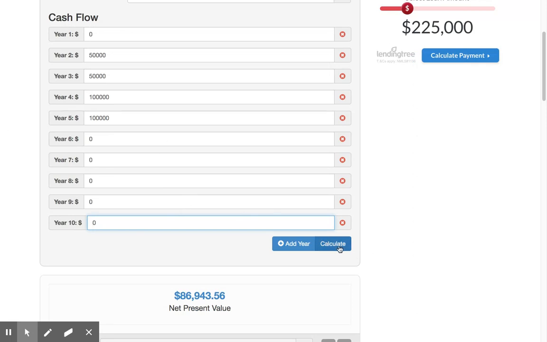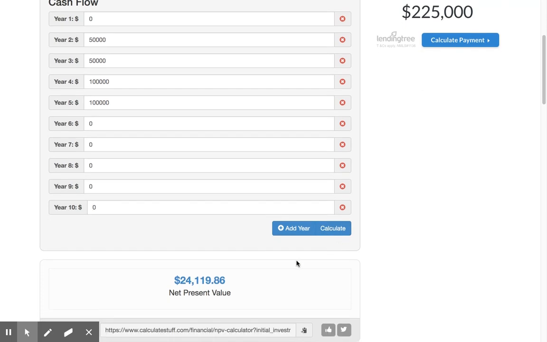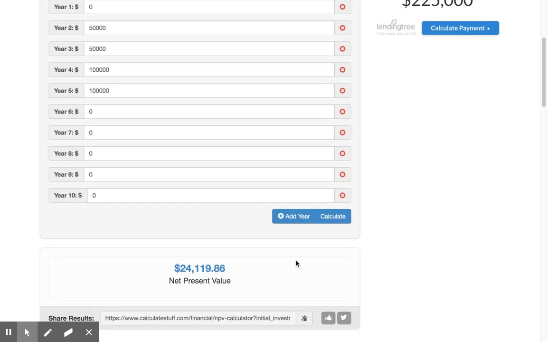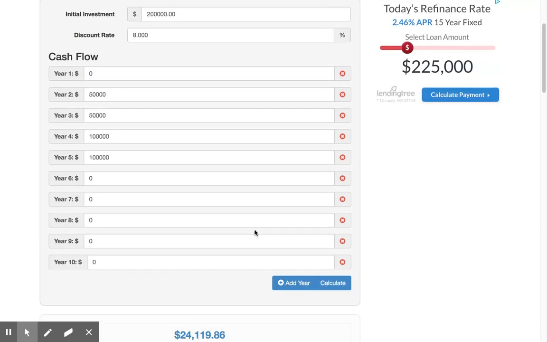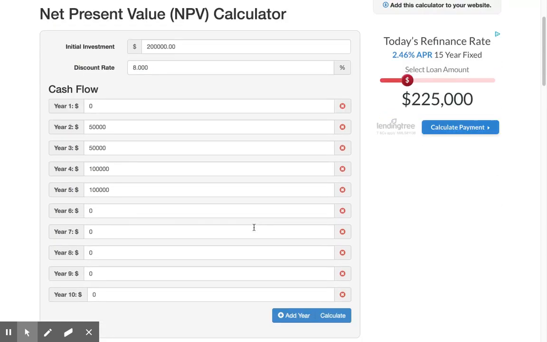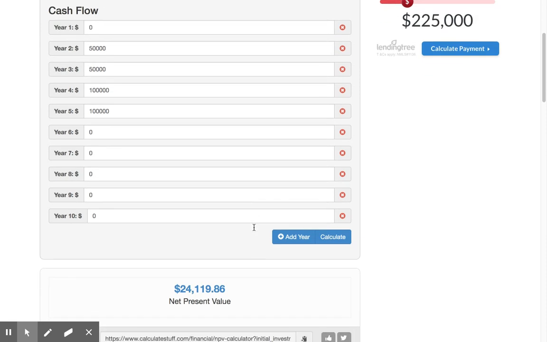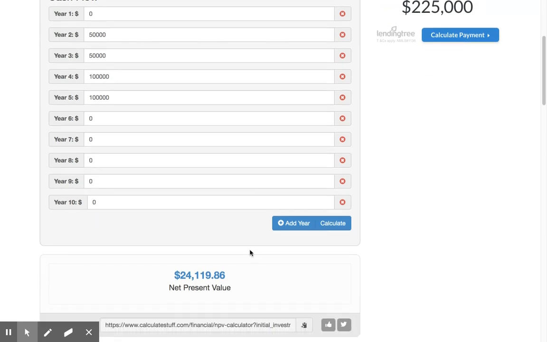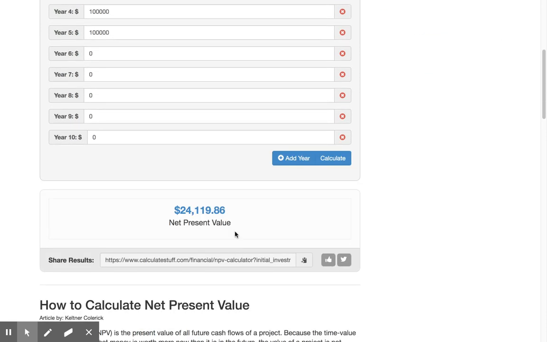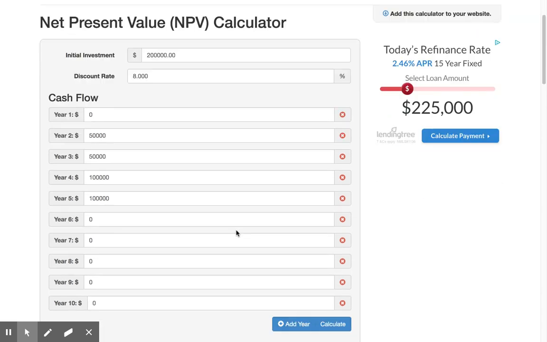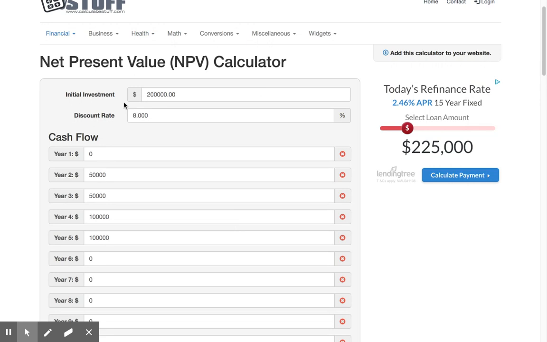Let's take a look. Yeah, positive NPV of 24,119. All right. So yes, that's an investment worth making. Let's take a look at number 4.